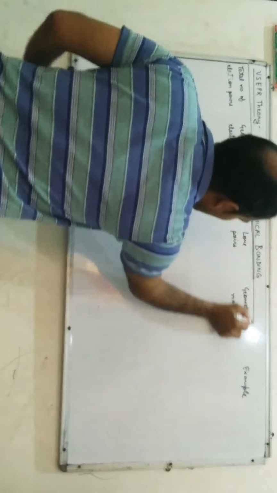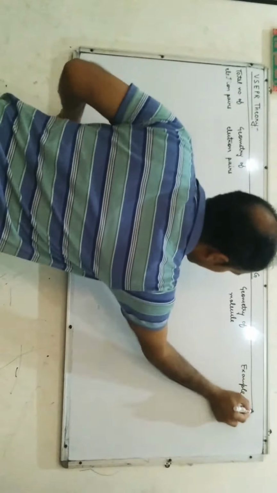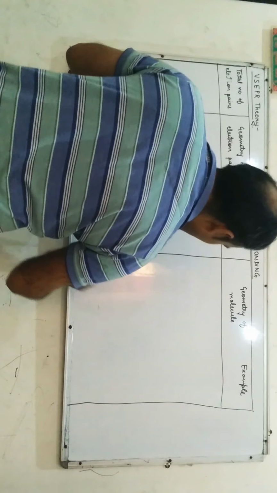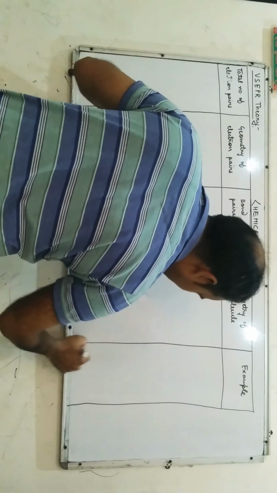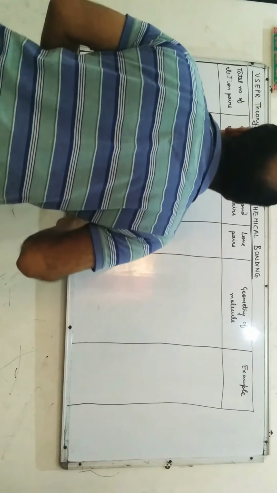Let us draw a chart for systematic study of VSEPR theory. According to this chart, we divide the table into these following parts.